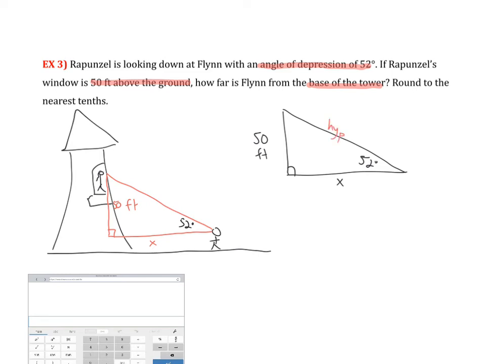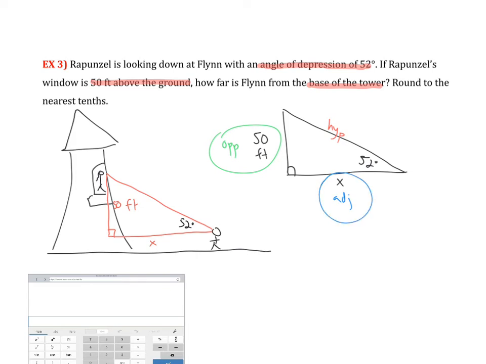Now, we need to go ahead and label our triangle, of course. Here's the hypotenuse. The side across from the angle 52 degrees is going to be the opposite leg, so that's 50 feet. And the side that is labeled with X is going to be the adjacent leg. I'm given 50 feet, and I need to solve for the adjacent leg.